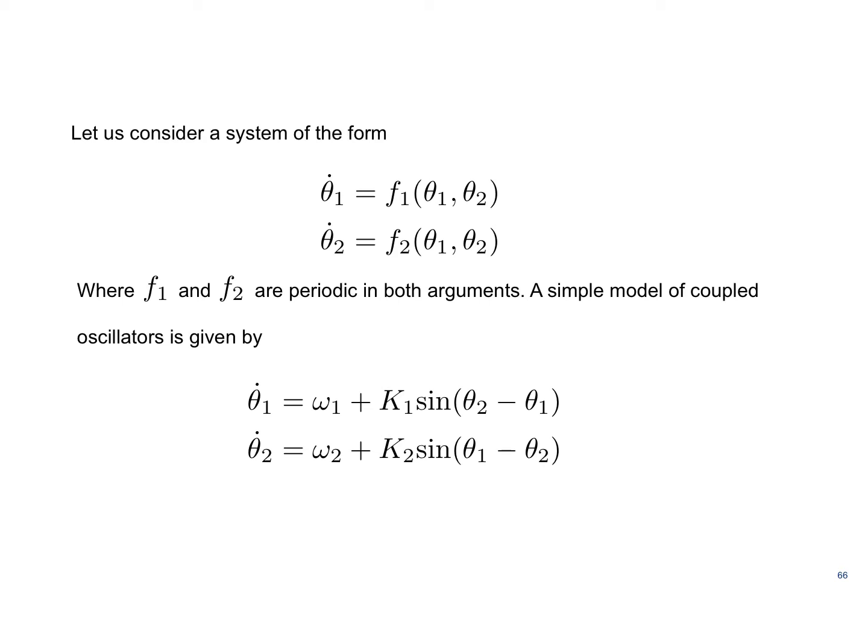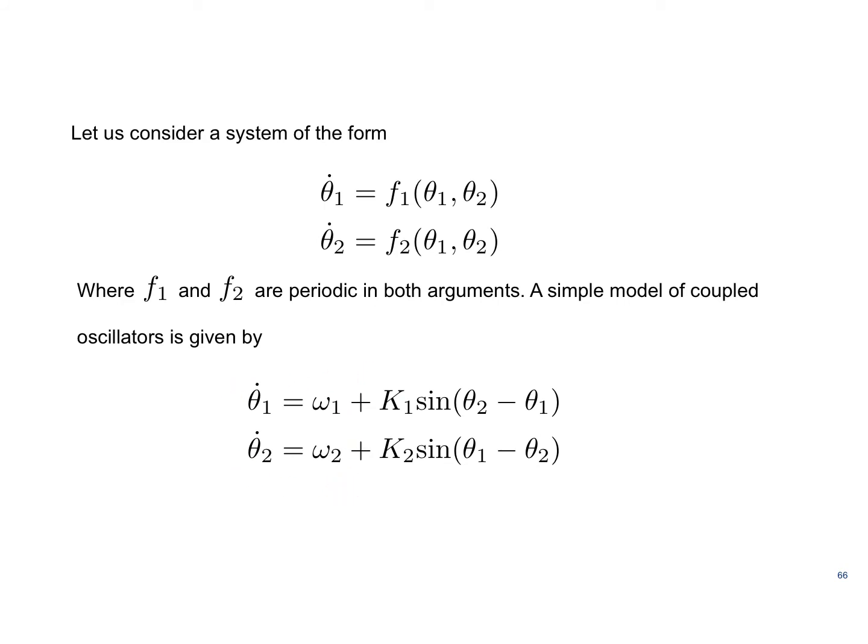There can be two situations where this function is zero. One, when this angle is large enough, this is something we will see in some slides, or when the coupling strength is just zero. In that sense, when this is zero, these two oscillators are completely uncommunicated.